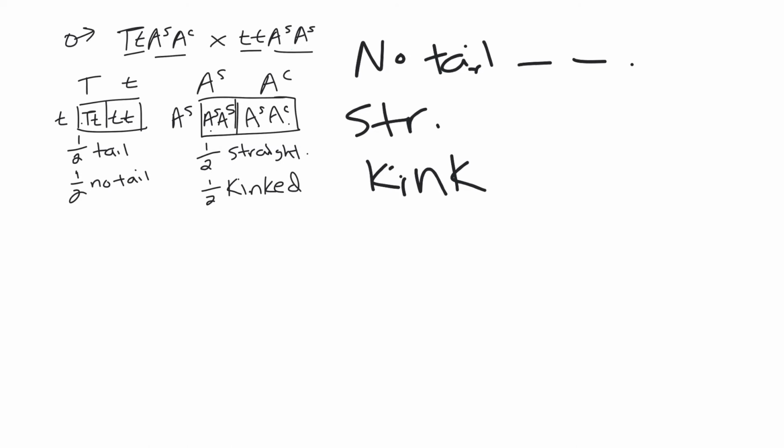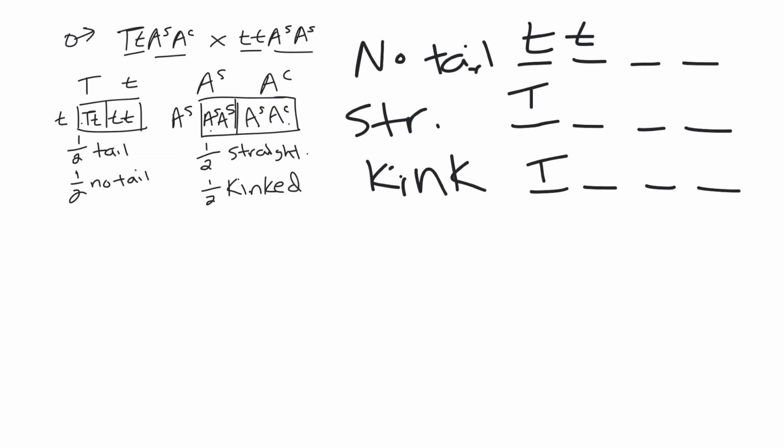So I'm going to put 4 blanks down again so I don't get confused. I know I need A's and T's. To get no tail, we have 2 little t's and any A's. To get any tail, we have to have at least one big T. Then to get straight tails, our A's have to be the AS's, and to get a kinked tail, it's an AS with the AC, the heterozygote.